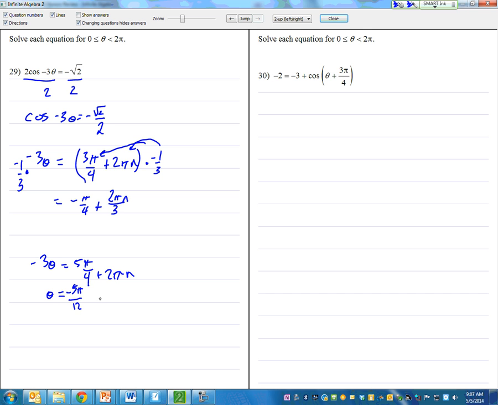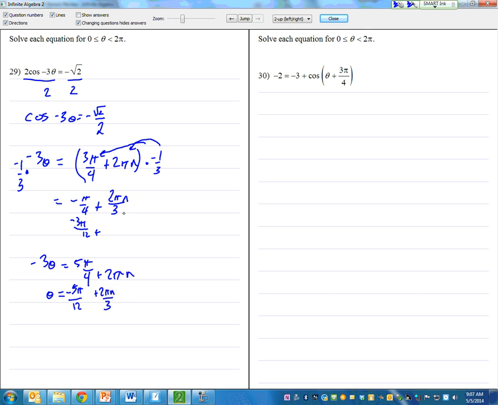And then it's going to be plus that 2 pi n over 3. Okay? So I want to get a common denominator for both of these. So to get a common denominator for both of these, the one on the left, I'm going to do twelfths. So these two right here, I'm going to times top and bottom by 3. So that gives you negative 3 pi twelfths.